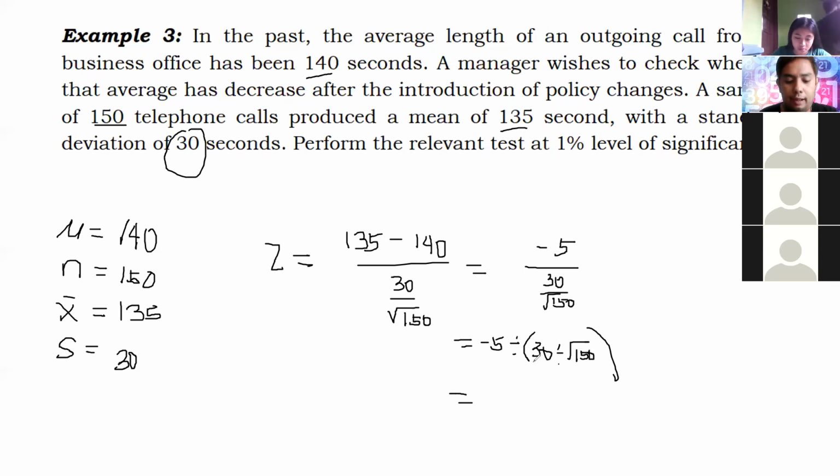And the answer is negative 2.0412 po. That's correct. Negative 2.0412. Okay po tayo dyan. Okay? Cleared natin ito.